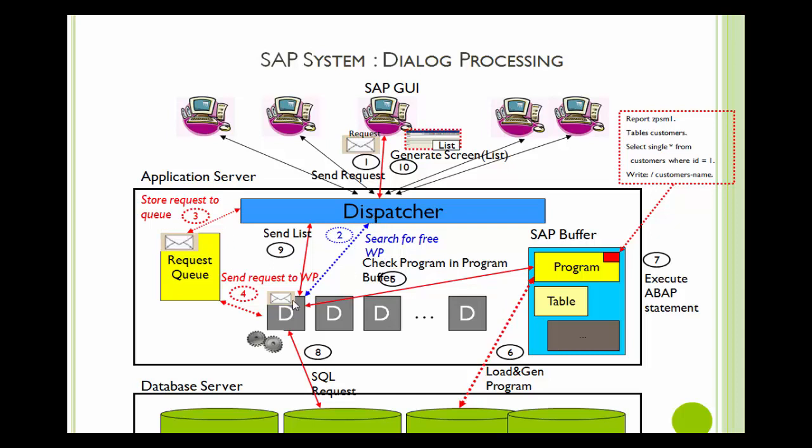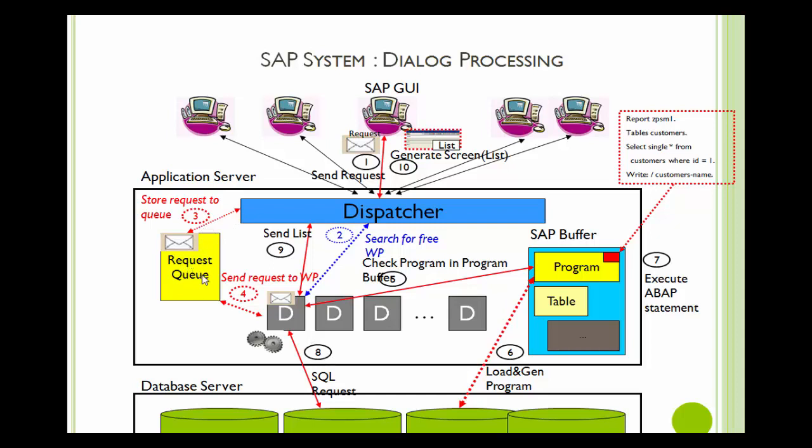Then it will look first at the first dialog process, based on the request you have sent. Then it is free. Then, for all the requests, for example, 2-3 members have requested, or you yourself have requested another program, it will check in the dispatcher. Basically, the dispatcher will identify the process and allocate it to the work process.